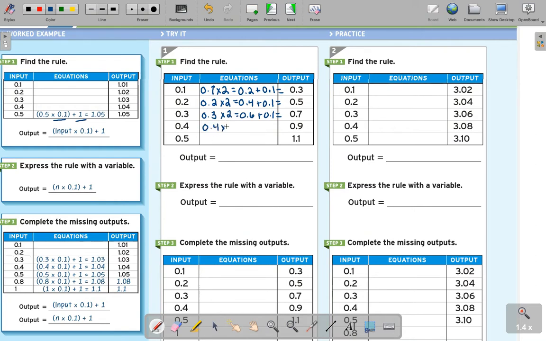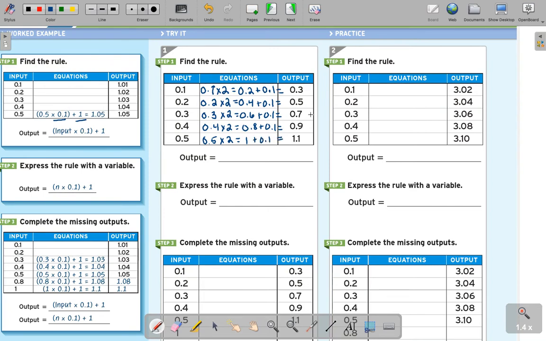4/10 times 2 is 8/10 plus 1/10 equals 9/10, and 5/10 times 2 equals 10/10, which is the same thing as 1, plus another 1/10.